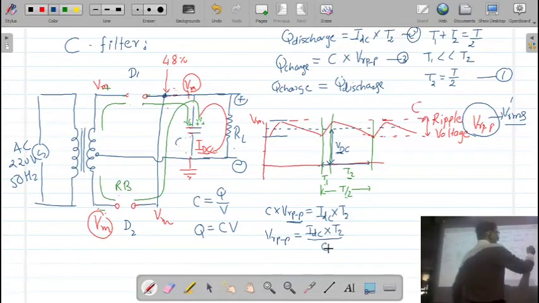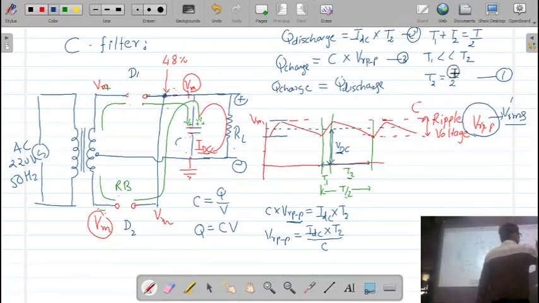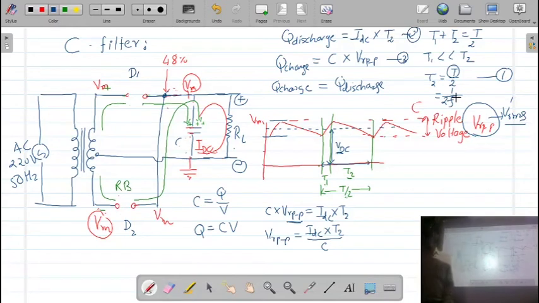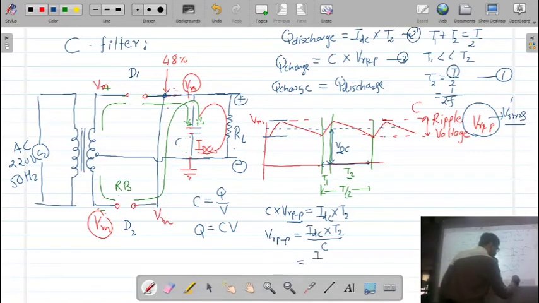Now what is T2? It is T by 2. Correct? And here what is the relation between the time and the frequency? It is inversely proportional. So here we can say it is 1 upon 2f. So you place this value here, then we have IDC upon 2FC.